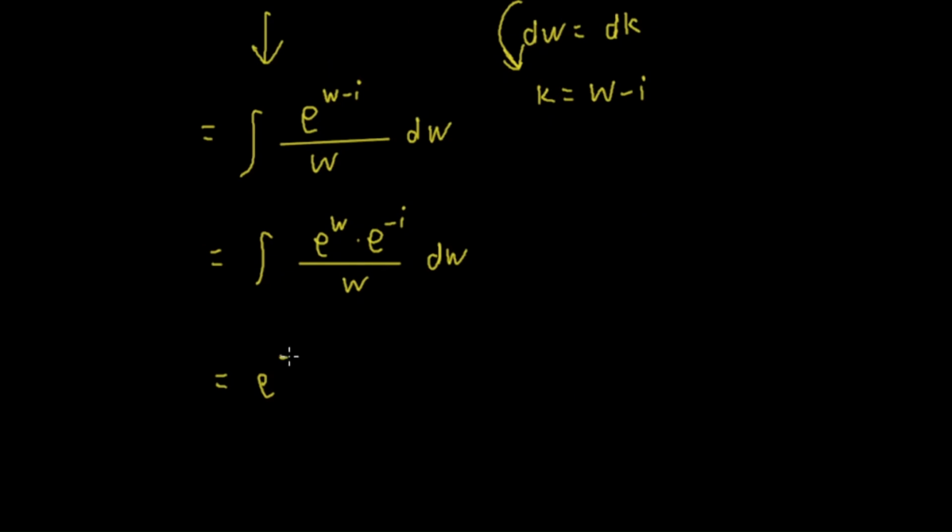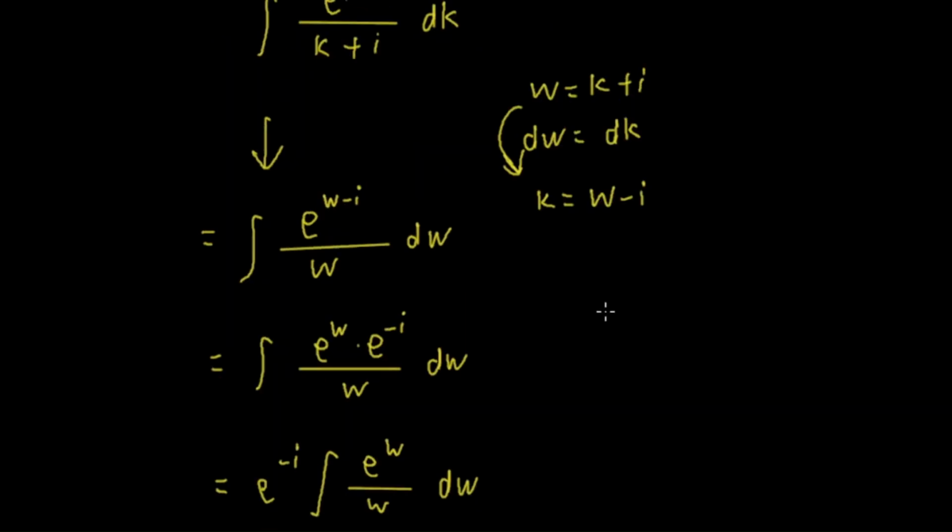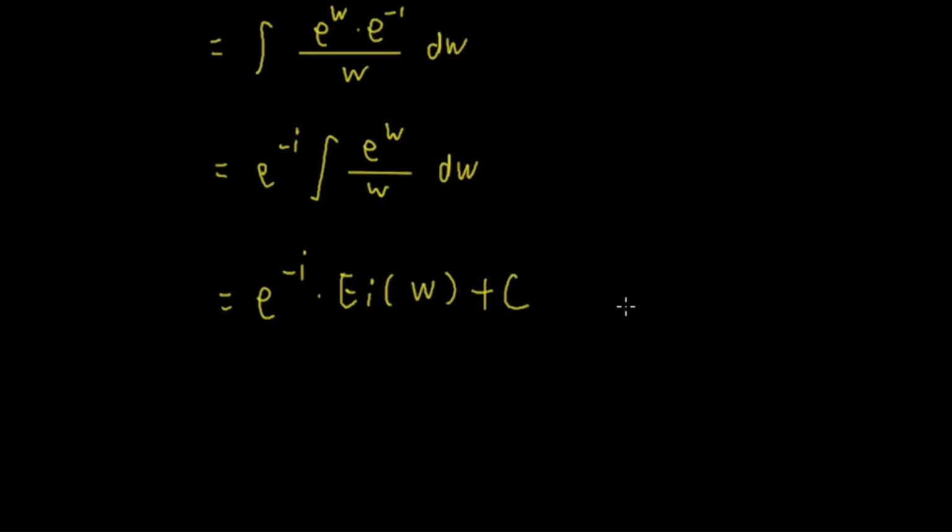So that is e to the negative i integral of e to the w over w dw. Now this is the same form, so the answer is exponential integral of w plus c. And w is equal to k plus i, so I have to replace it into here.